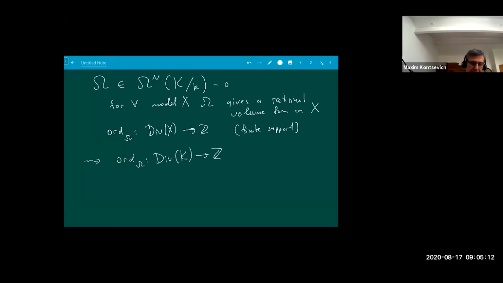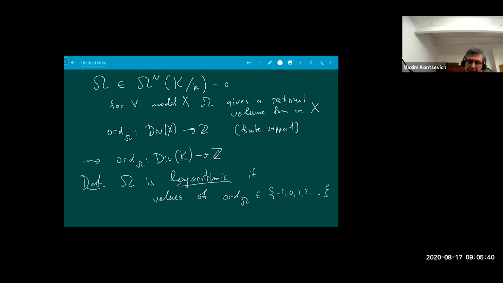Okay, so I get this function, and the first definition is that omega is a logarithmic form if the values of this ord belong to the set -1, 0, 1, and so on.